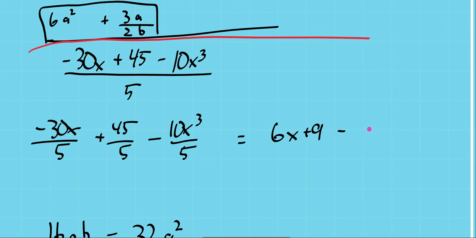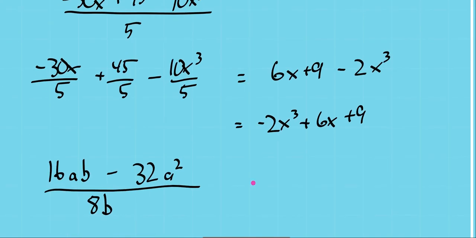And 10x cubed over 5, 10 over 5 is 2, and x cubed has nothing to cancel with. I would rewrite this just as negative 2x cubed plus 6x plus 9. I think it's always polite to take your polynomials and write them in descending order.